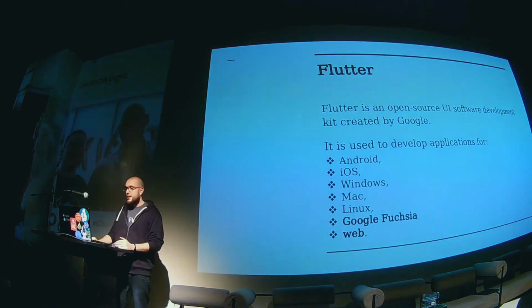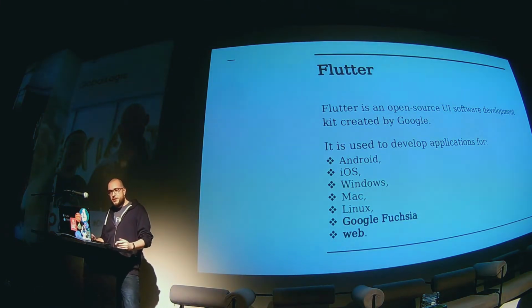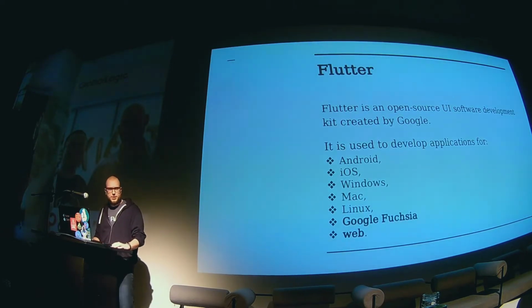What is Flutter? Flutter is an open source UI software development kit created by Google. It is used to develop mobile applications for Android, iOS, Windows, macOS, Linux. In the near future, it will also be available to develop applications for web and also for the incoming new operating system by Google called Google Fuchsia.